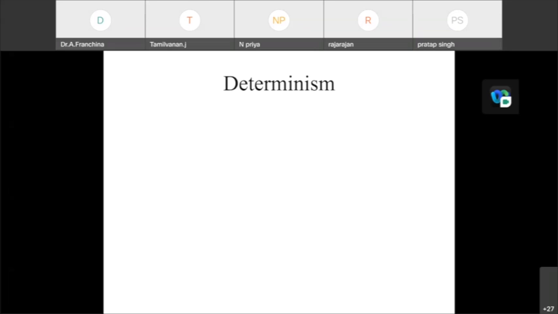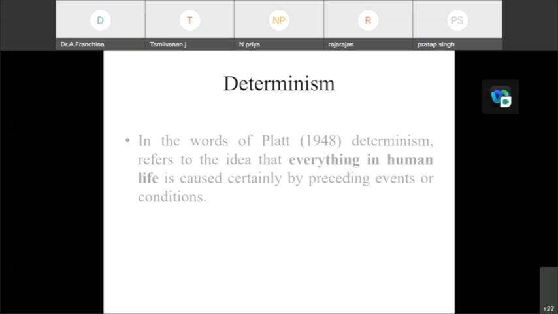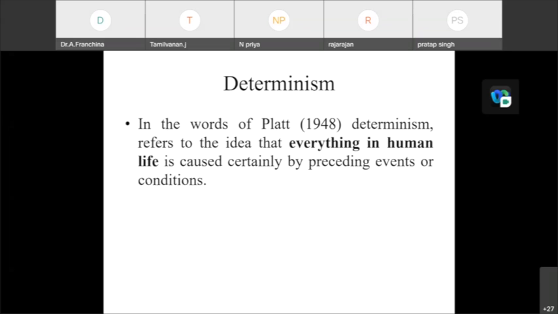So what we discussed in the previous slides is continuing. The words of Platt, the person, his definition alone I had taken to explain to you. In 1948, he explained the term determinism refers to the idea that everything in human life is caused certainly by preceding events or conditions.